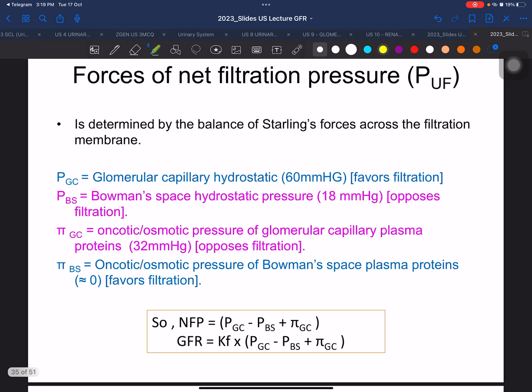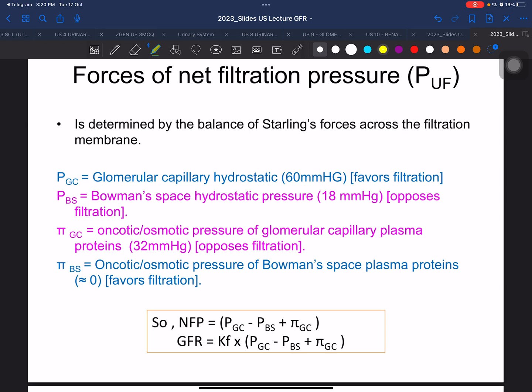So you need to know which pressure favors and which pressure opposes. Get it clear. And if you see the values, usually the oncotic pressure of the Bowman space is 0, so in the calculation we just ignore it.